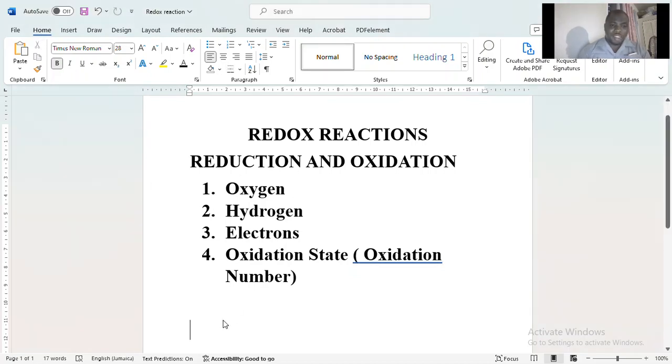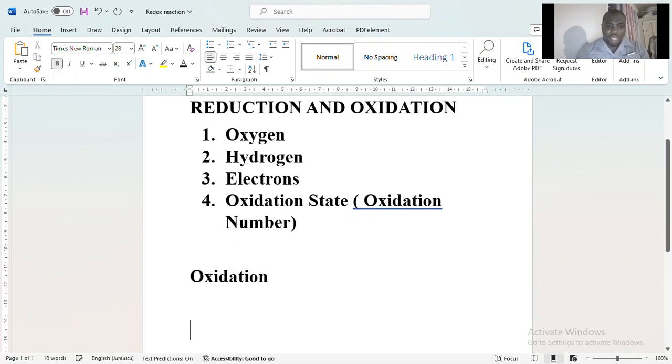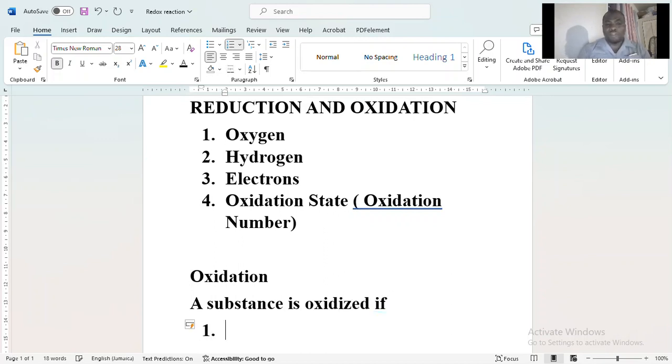So let's look at it in terms of oxidation. We say a substance is oxidized if, and these are the four ways we're going to be linking it back to: one, if it gains oxygen.